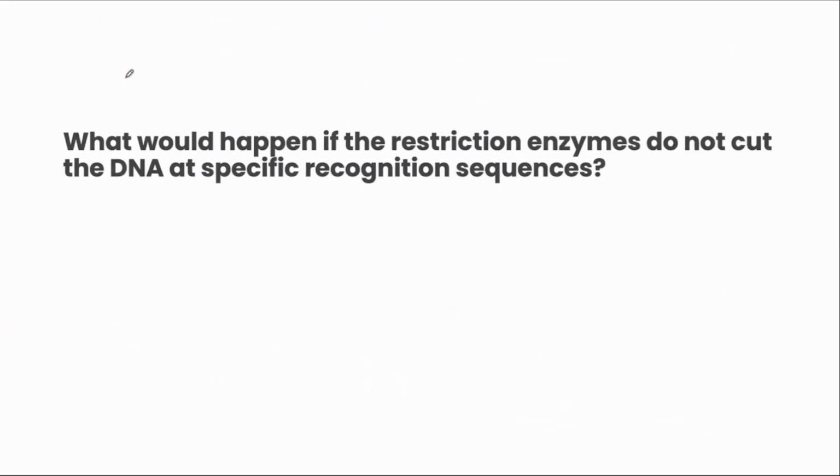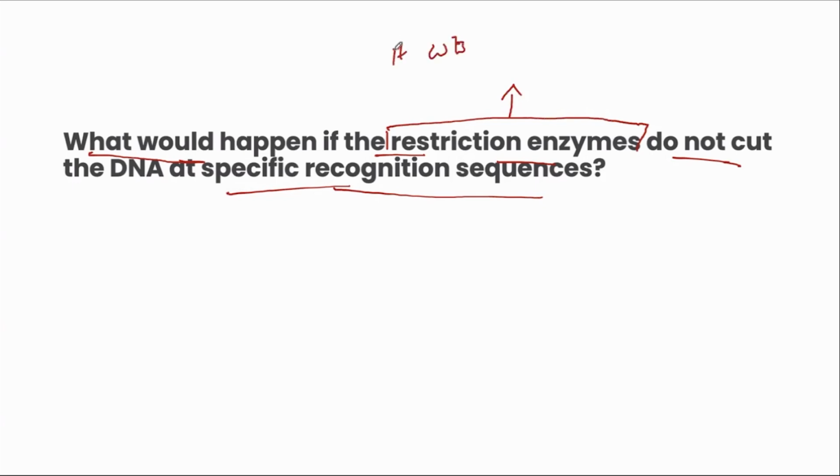Moving on, what would happen if the restriction enzyme does not cut the DNA at the specific recognition site? We know one property of restriction enzymes, making them robust, is that they cut only at a specific site or a specific region.